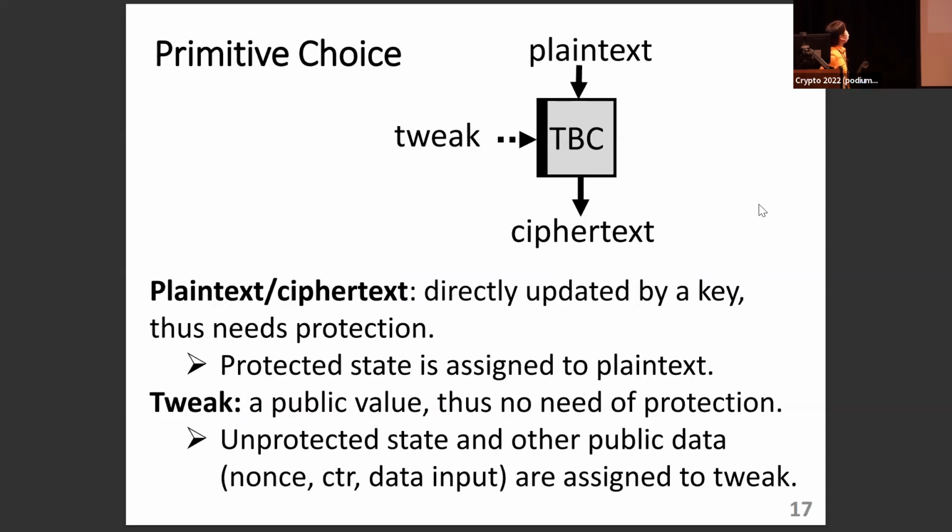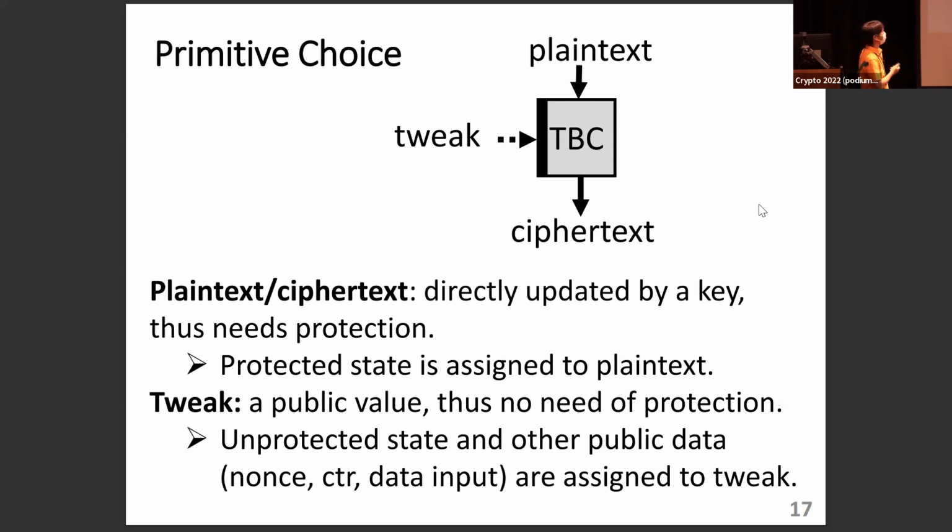Then I step into the construction of the data processing part. The scheme is based on a tweakable block cipher, which takes a tweak as input and converts plaintext to ciphertext. This plaintext to ciphertext conversion is directly affected by using a key, so we need to protect it.